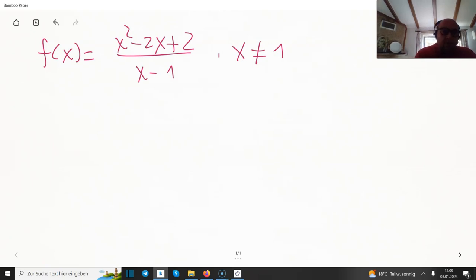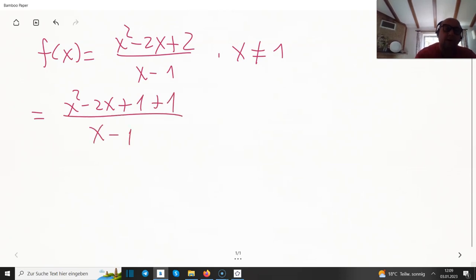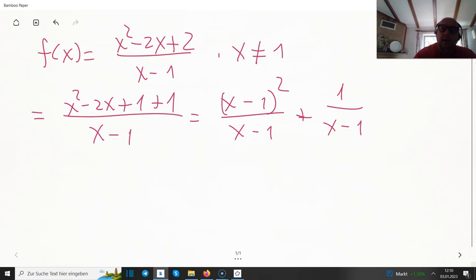And we just move on with symmetry, where we can immediately see if we rewrite it as x squared minus 2x plus 1 plus 1 more, divided over x minus 1. This is going to be x squared, I can roll it together as x minus 1 squared divided over x minus 1, plus 1 divided over x minus 1.